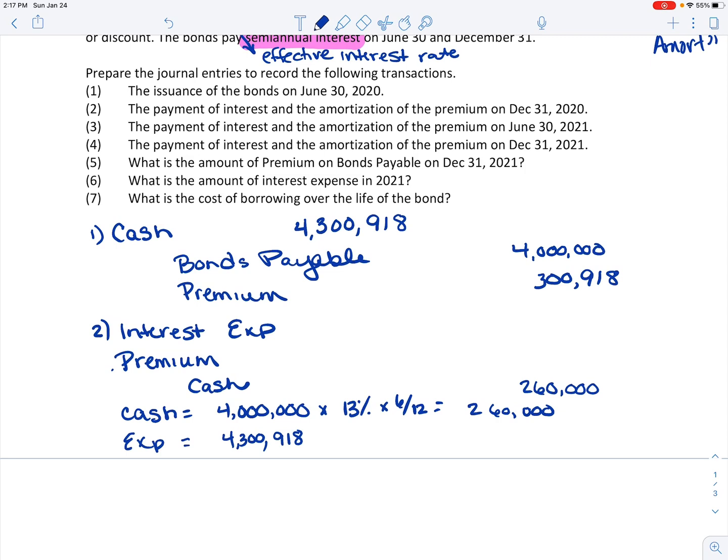I'm going to multiply that by my effective interest rate, or my yield, and times that by 6/12. That's going to give me 258,055. And the difference between those two is what I'm going to be able to amortize. So the difference is 1945.